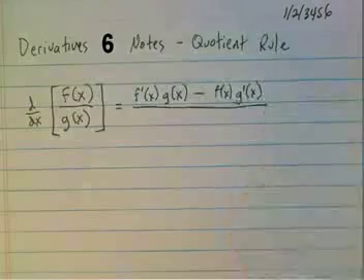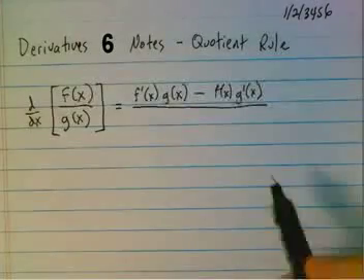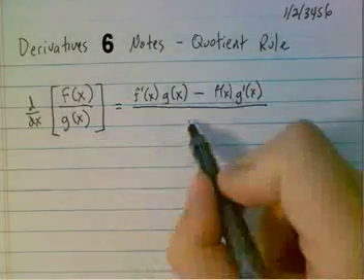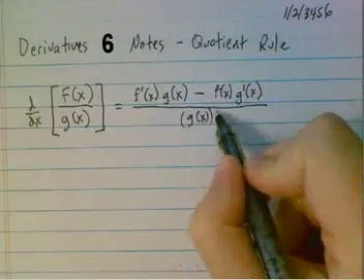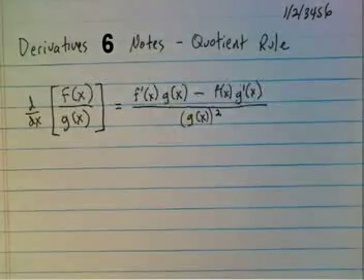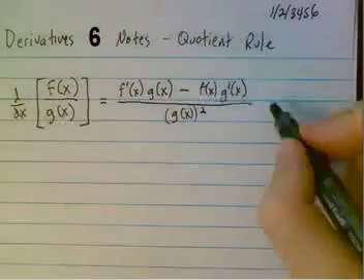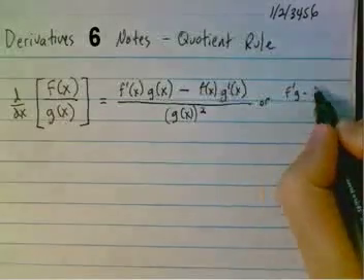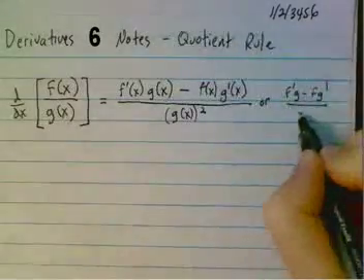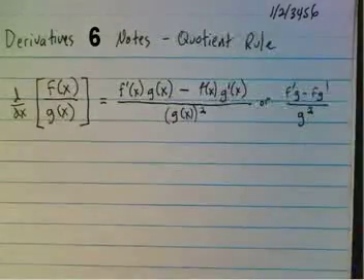Also, instead of it just being this, it's got a g squared in the denominator. If you want the simpler version without all the x's, you could also write this as f prime g minus f g prime over g squared.